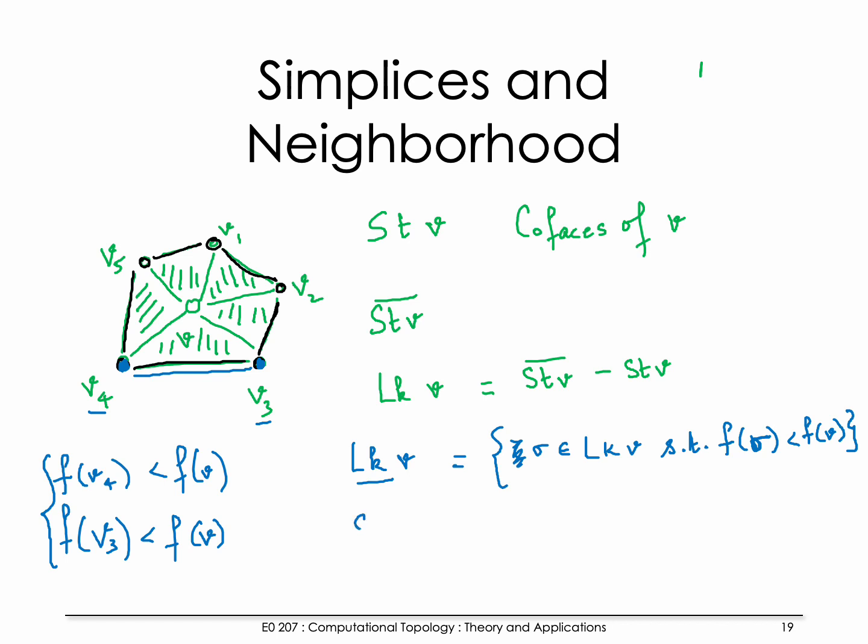Similarly, we can define the lower star as well. I will not write this down. The lower star essentially is the collection of all the simplices of the star where the function values are lower than that at V. The upper star and the upper link are defined similarly.